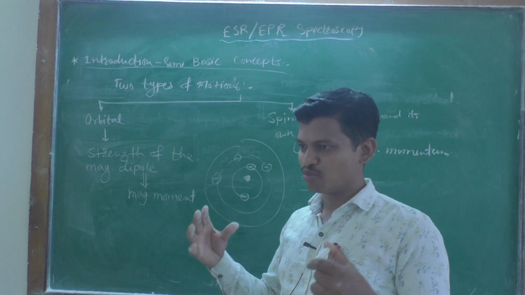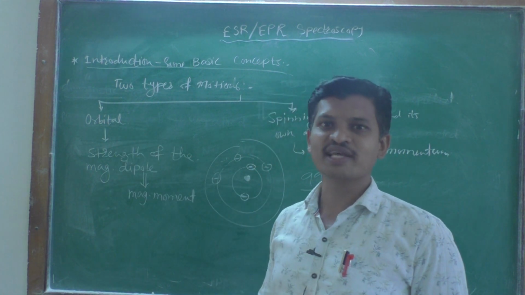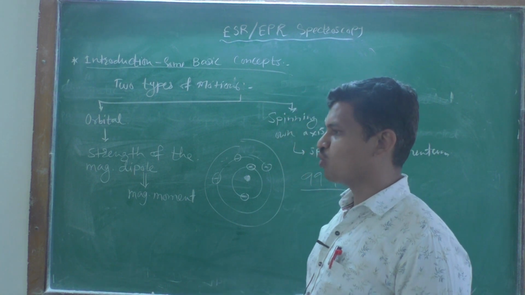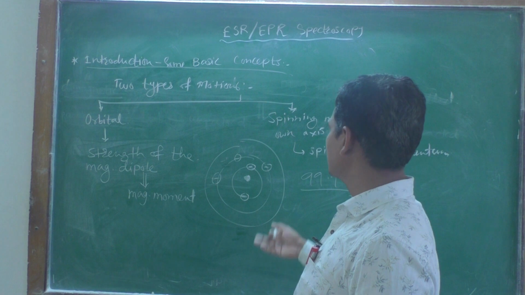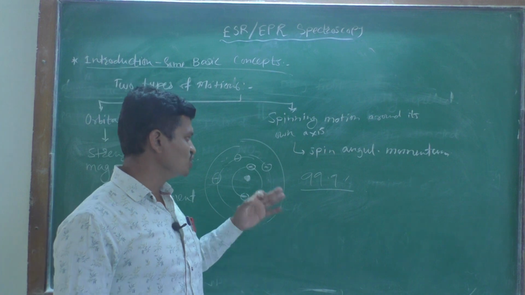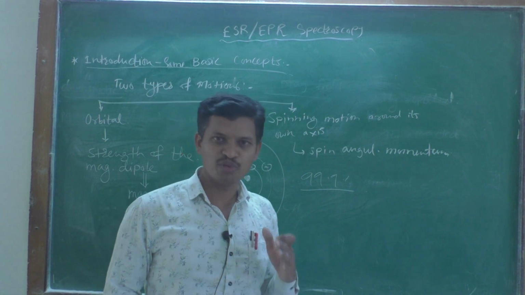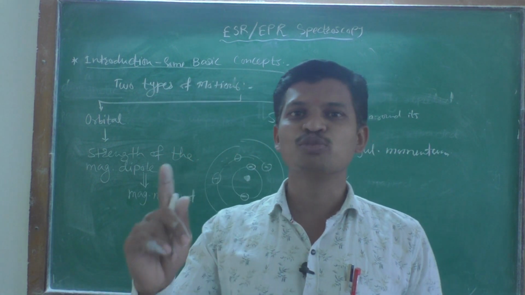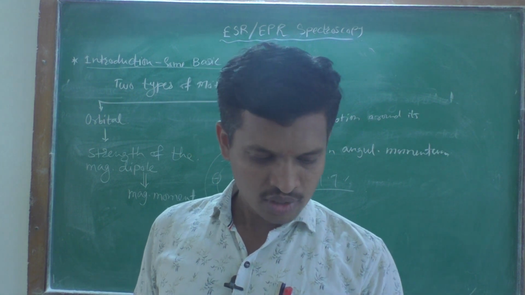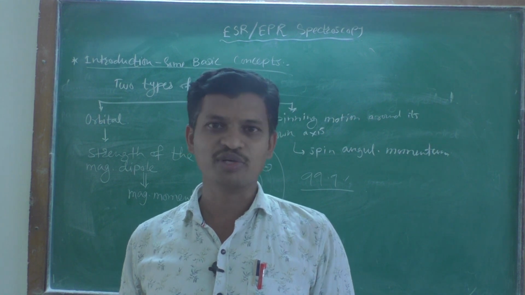The contribution of the orbital magnetic moment is very small, very close to zero. Another way to say it: the total magnetic moment of an electron is due to the spin magnetic moment only, which arises due to the spinning motion of that electron. So this is all about the atomic structure part that we have learned up to BSc level.